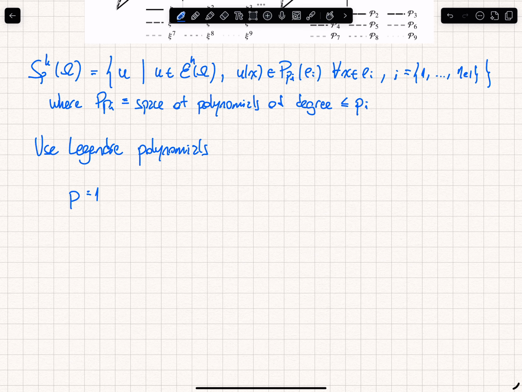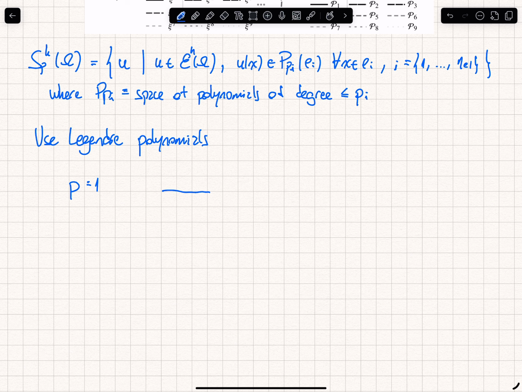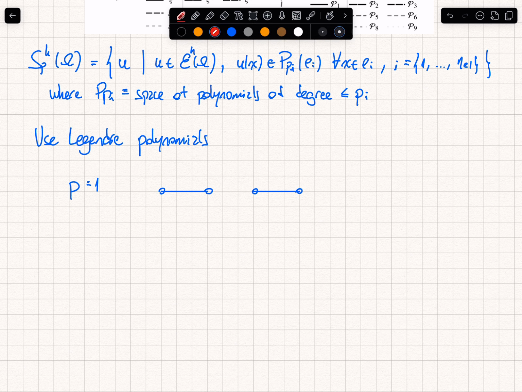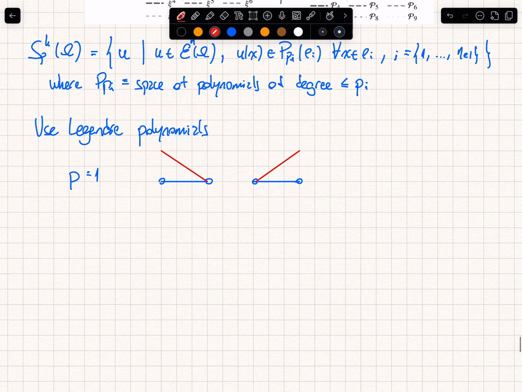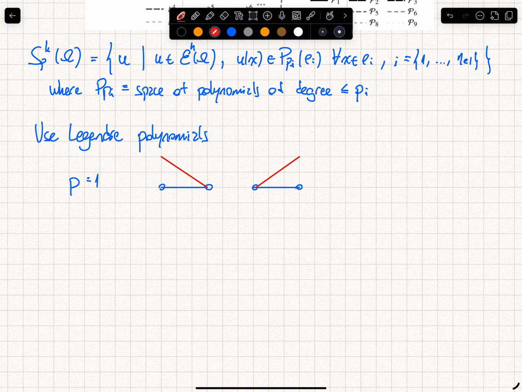So for p equals 1, these ones basically don't change, right?